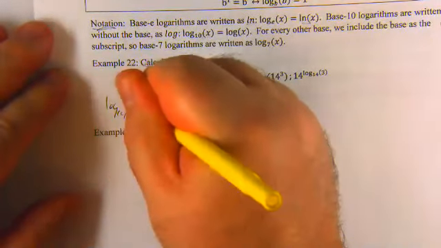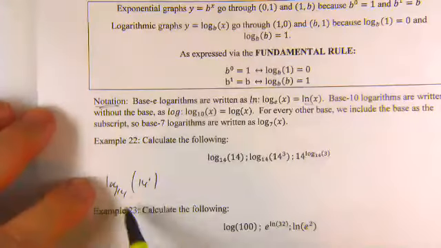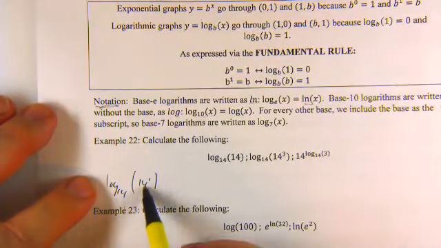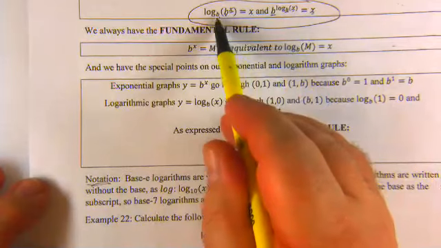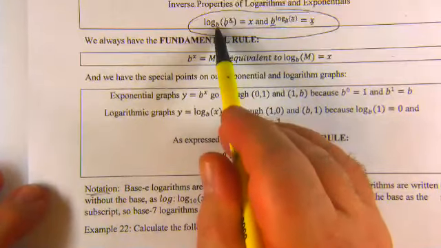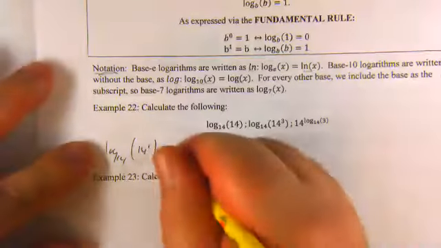log base 14 of 14 to the 1, same base here and here. So that means we can use this rule. Log base 14 of 14 to the 1, that's just 1.